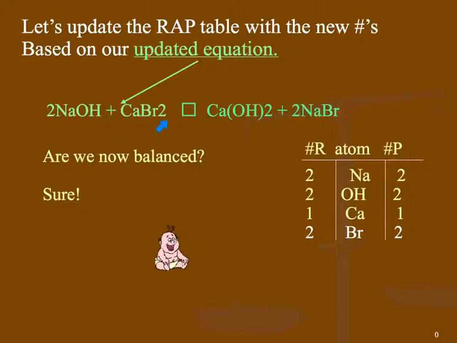Did you change any of your subscripts? You should not have. In a chemical equation, if you have a polyatomic, did you use the parentheses where you should have? If you have a diatomic, did you write it as a diatomic? But in this particular example, we are balanced.